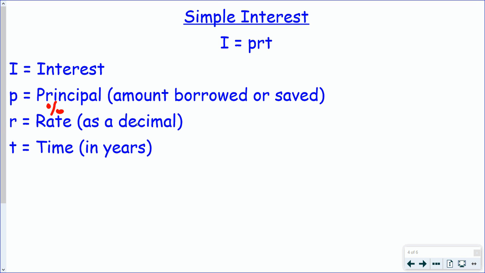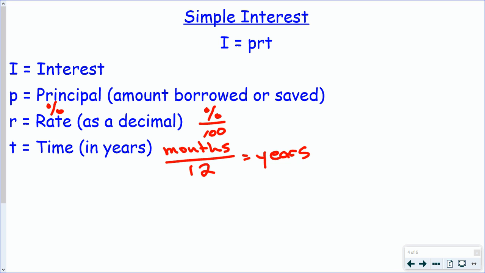The way that we change a percent into a decimal is by dividing it by 100. And then the time has to be in years. If they were to give you months instead of years as the time, then what you would do is do the number of months divided by 12, and that would equal the number of years.